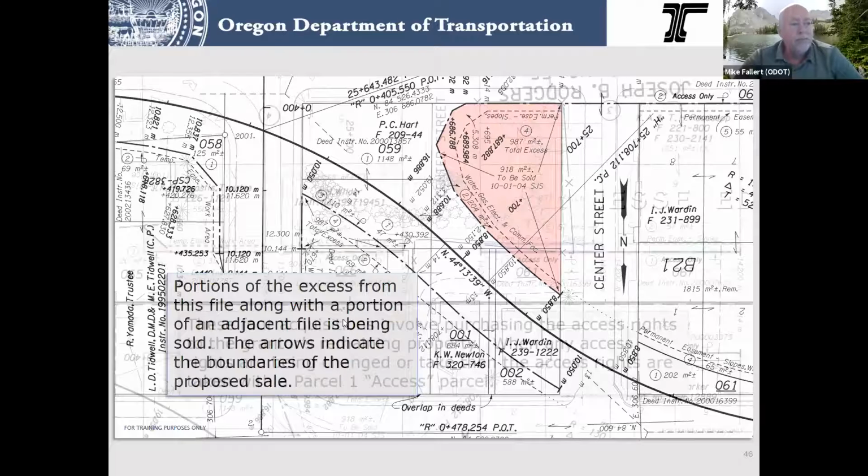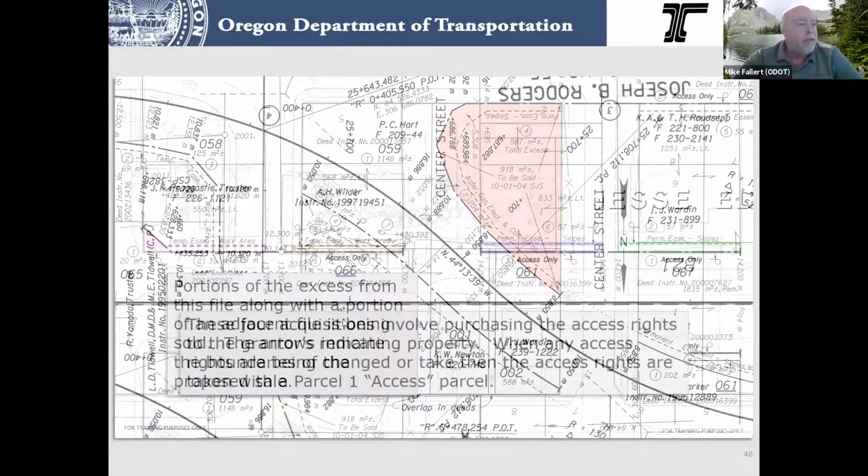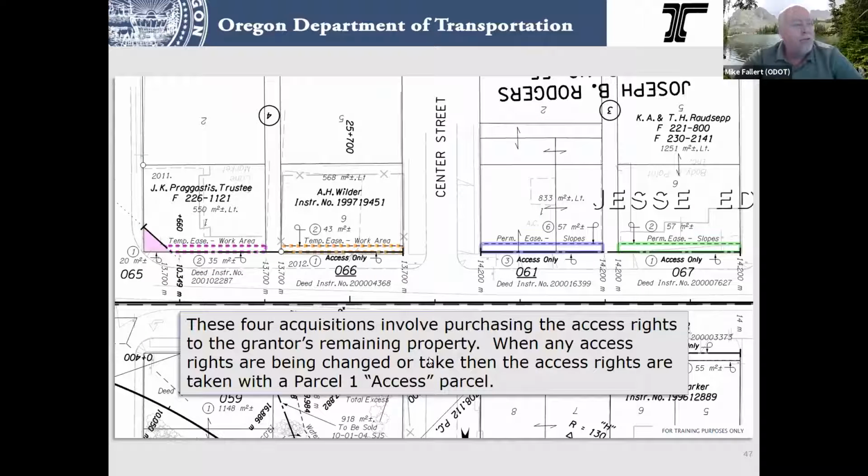So these purchases here, we're acquiring access right. Now, as you see here, it says access only. We've kind of quit using access only and just call it access. It's a right-of-way appraiser thing.